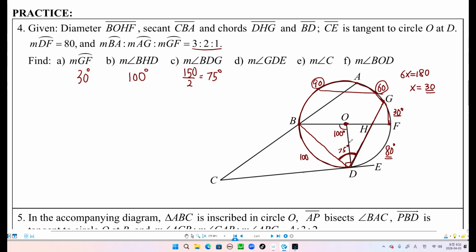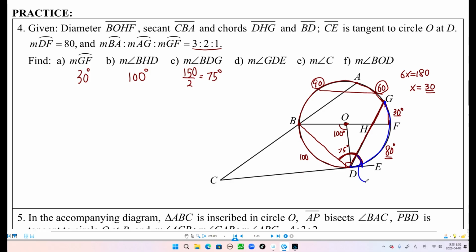So angle GDE, where is the angle GDE? GDE, this angle, right? Okay, what is this angle? This angle equals what? When you make the arc line over here, half of this measurable arc, right? That's the formula, isn't it? Okay, so this angle, that is a tangent.